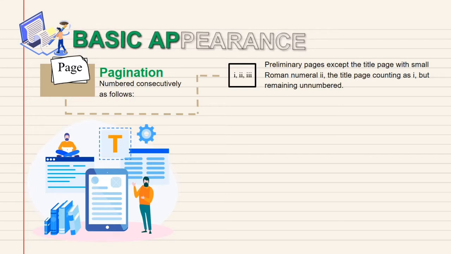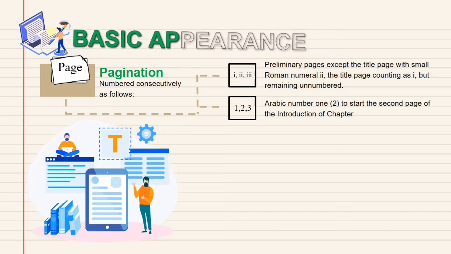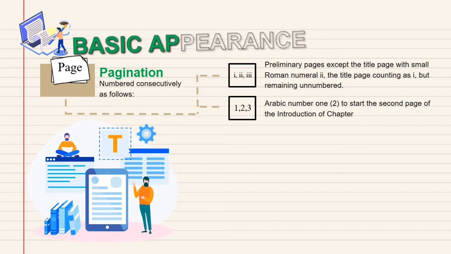Use the Arabic number 1 to start the first page of the introduction of chapter 1 of the body or main text of the thesis and continue with every page that follows, whether it be text, figure, table, map, appendix, and the like, numbering pages consecutively until the end.